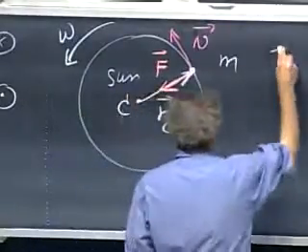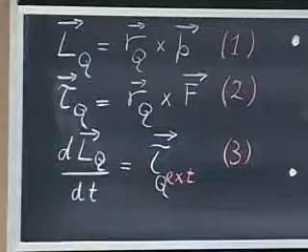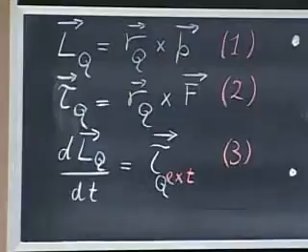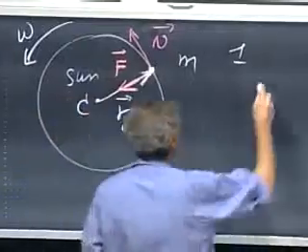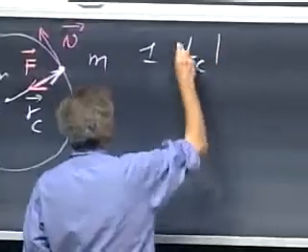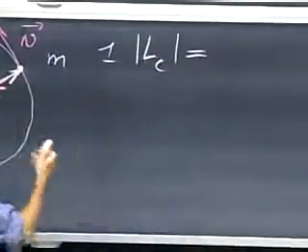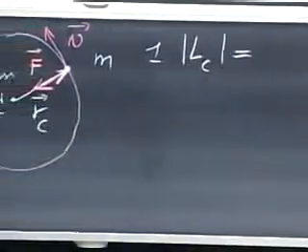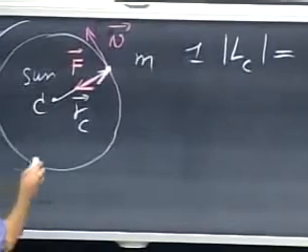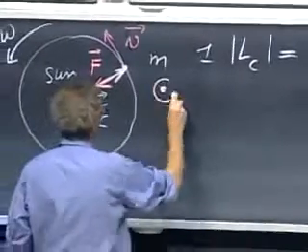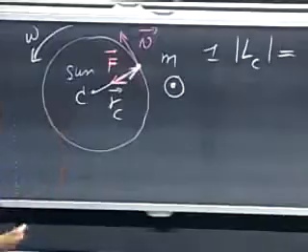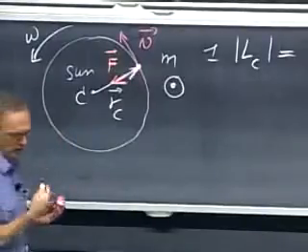Well, go to equation number 1, and the angular momentum relative to point C, L relative to point C, the magnitude, because the direction is clear. If it's going, as seen from where you are, counterclockwise, then the direction of the angular momentum will be pointing out of the blackboard, so I'm only interested in the magnitude.